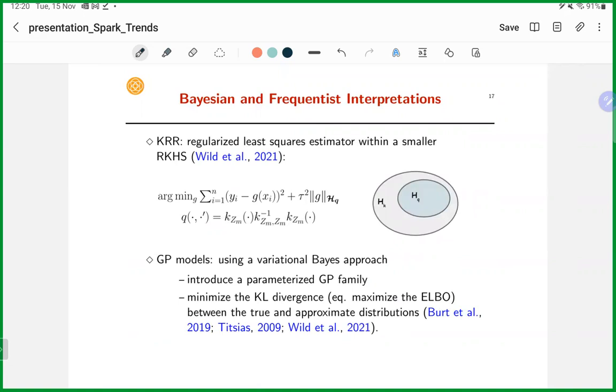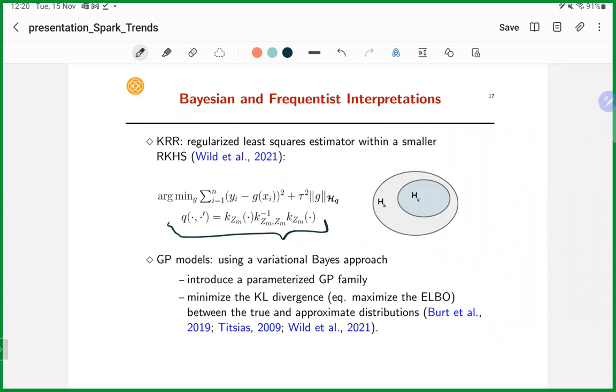So from a regularized least squares estimator for regression using a kernel, the idea is that rather than choosing our estimator from the RKHS corresponding to the kernel K, we choose our estimator from a smaller RKHS corresponding to a kernel Q, where Q is defined using the set of M inducing points.